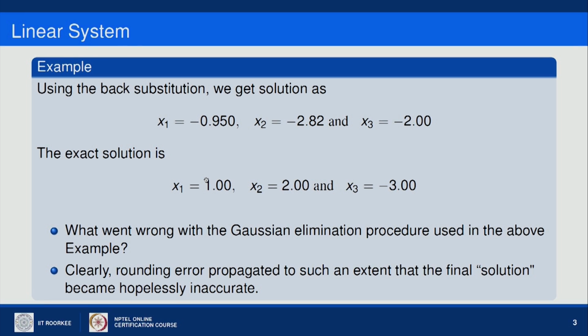So, did something go wrong when we applied the Gaussian elimination method? The procedure was correct, however, the reason for this error is that rounding off error propagated to such an extent that the final solution becomes hopelessly inaccurate. So, what is the solution to this problem?